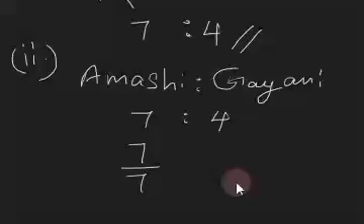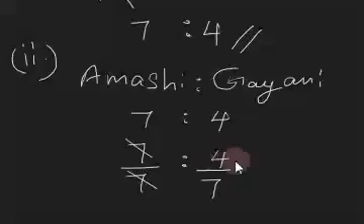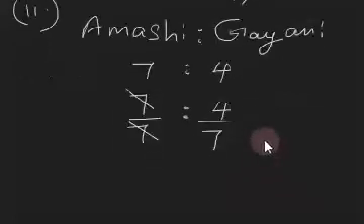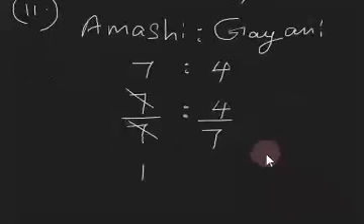If I divide one term by a certain value, you have to divide the other term also by the same value. So here, 7 divided by 7 gives 1, and 4 over 7.